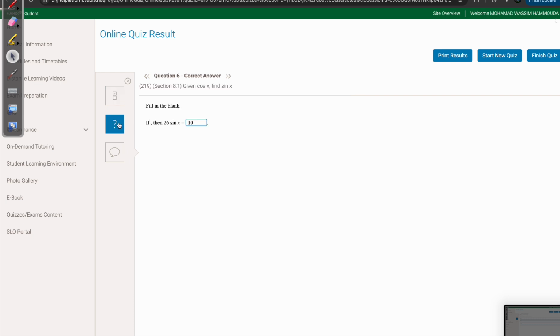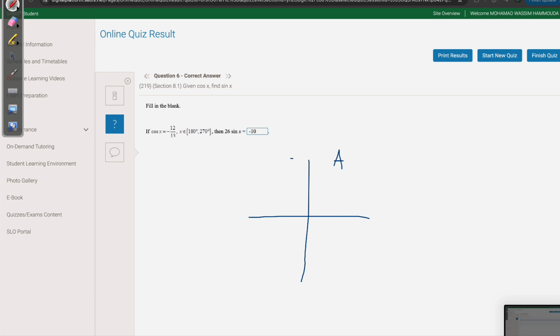Number 6. If cosine is equal to negative 12 over 13, between x is 180 and x is 270. Now this is an interesting question. So between 180 and 270, all students take calculus, don't forget this. When I say T, I mean tan is positive.